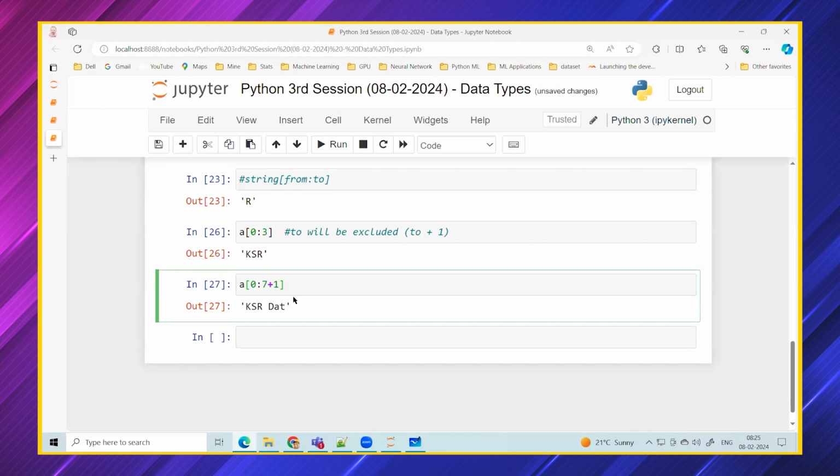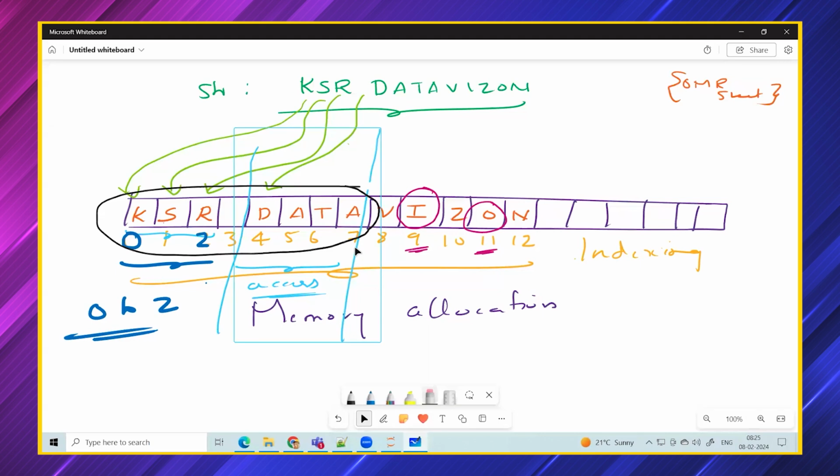So if I give 8, then I'll be getting KSR data. That means the value where A is ending is 7. If I give 7, the last element is missing out. So please always give one step beyond that. You try to give 8. So 8 means that V is not included. If V should be included, it should be again plus 1, so 9.